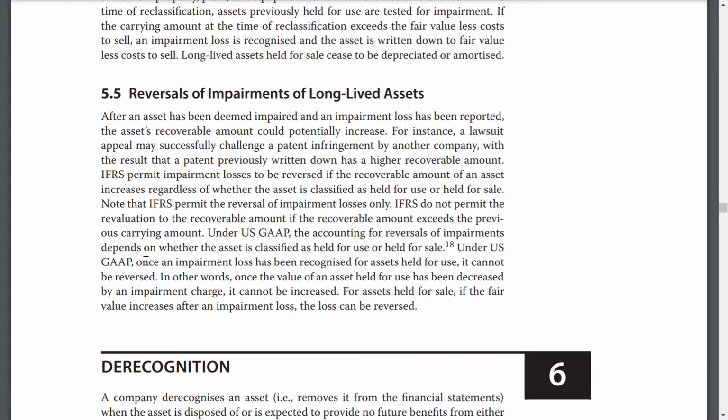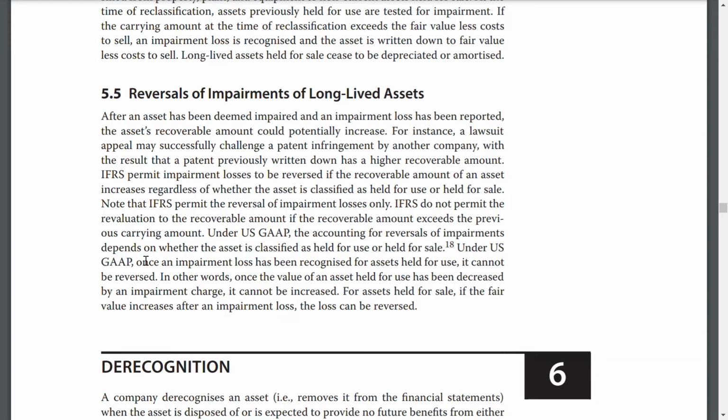With the patent previously written down now having a higher recoverable amount, IFRS permits impairment losses to be reversed if the recoverable amount of the asset increases, regardless of whether the asset is classed as held for use or held for sale. Note that IFRS permits the reversal of impairment losses only. IFRS does not permit revaluation if the recoverable amount exceeds the previous carrying amount.